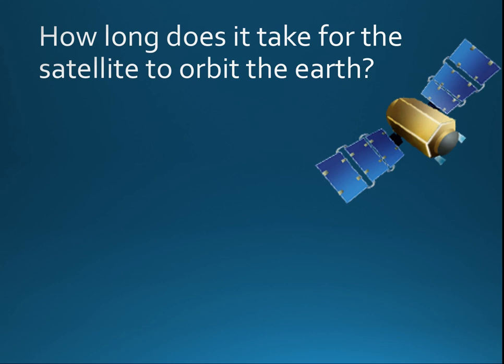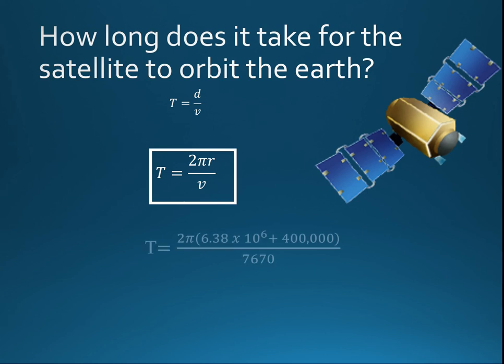How long does it take for the satellite to orbit the Earth? Time would be distance divided by velocity. Now the distance, since we're traveling in a circle, would be the circumference of that circle, which is 2 pi r. So we can say that the time to orbit the Earth will be 2 pi r over the velocity. We can replace r with the radius of travel.